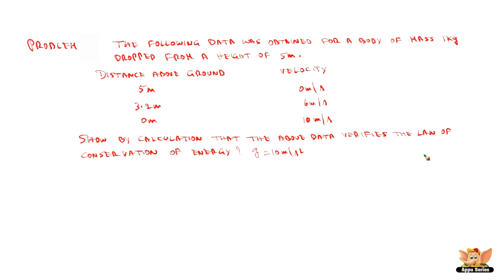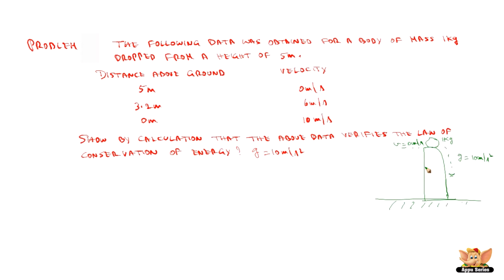So let's see what exactly the problem means. There is a mass of 1 kg and it is dropped, and g is 10 meter per second square. At 5 meters, that is on top, the velocity is 0 meter per second.